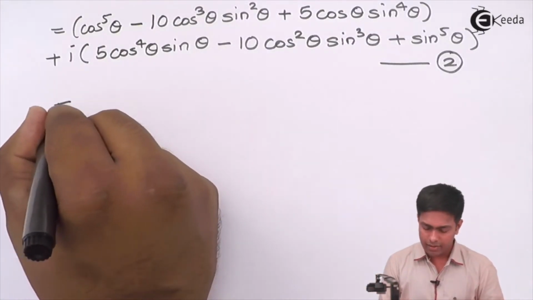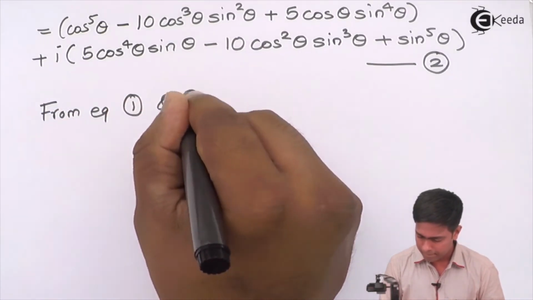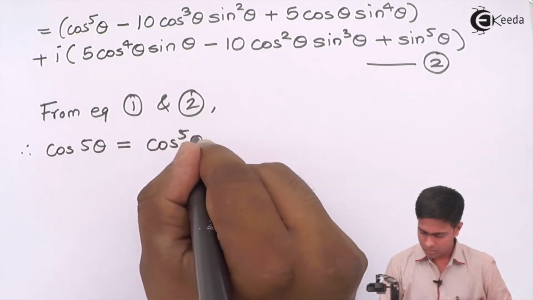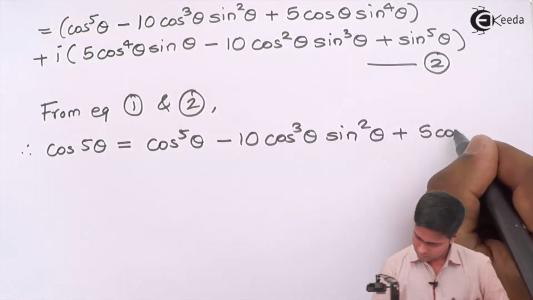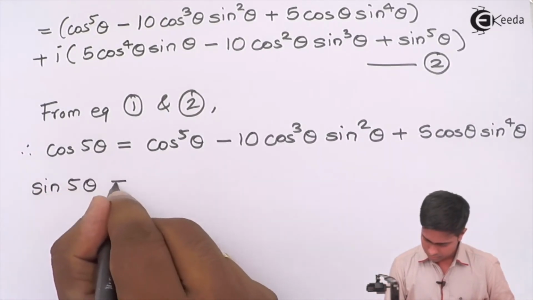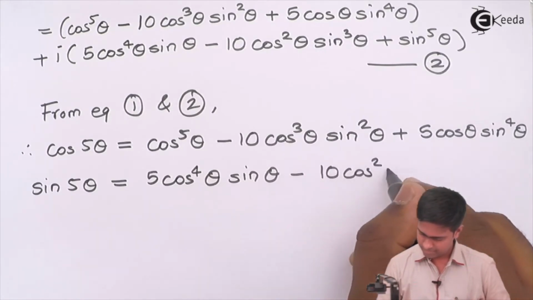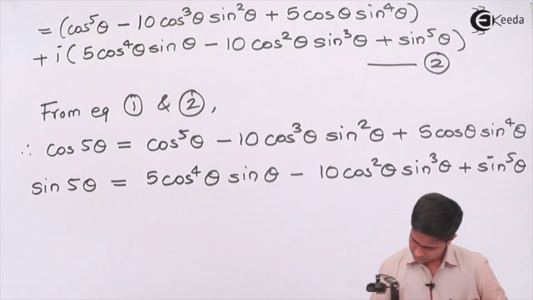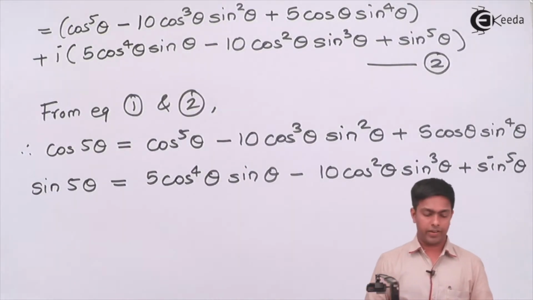So here I'll say from equation number 1 and 2, these are the values of cos 5 theta and sin 5 theta.